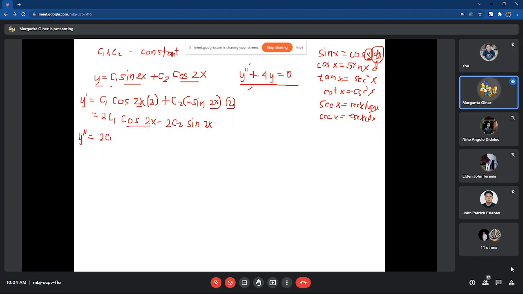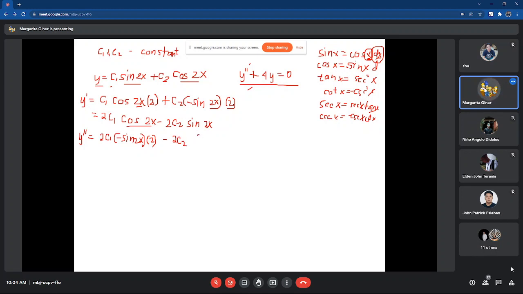What is the derivative of cosine? The derivative of cosine is negative sine, negative sine 2x. What is the derivative of 2x? That is 2. Okay? Minus 2 C2.